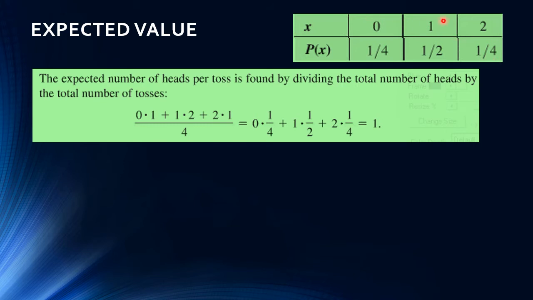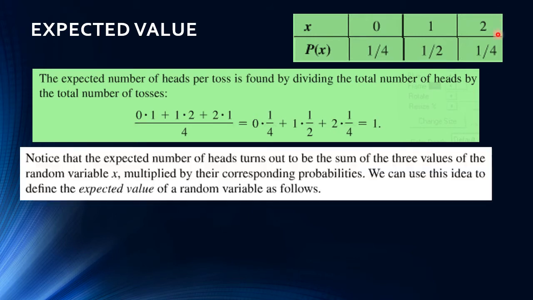So if we take the random variable and multiply it times its specific probability, and then sum all of these together, this is what we have here. And that's how we get the expected value. It's the random variable times its respective probability, and then sum all of the random variables times their respective probability.